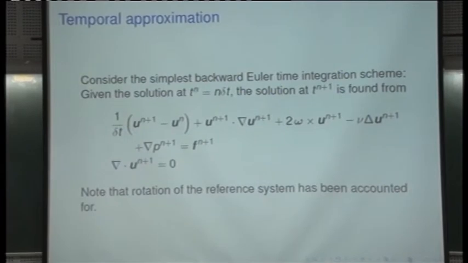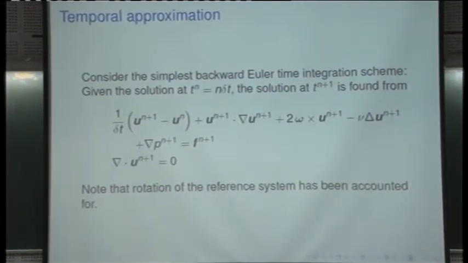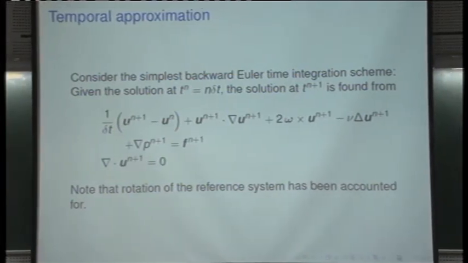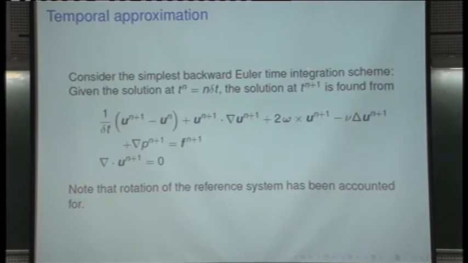Although the presentation is different, I have introduced here a different representation. Suppose that we have the simplest backward time integration scheme applied to the Navier-Stokes equations with Coriolis forces, just for fun. This is only first order in time.